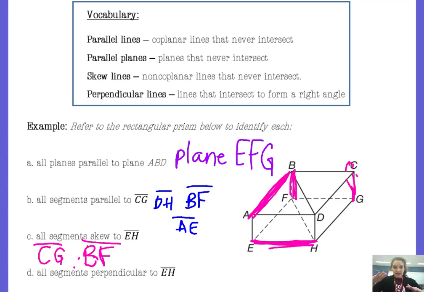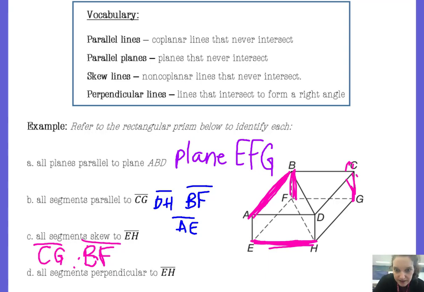Sometimes the highway splits and part of the highway goes over and part goes under. Those aren't parallel. My two arms right now are not parallel, but they're also not intersecting. My top arm and my bottom arm are not going to touch. So this is an example of skew. If the overpass and the underpass intersected, we'd have a whole bunch of car crashes. They're never going to meet.